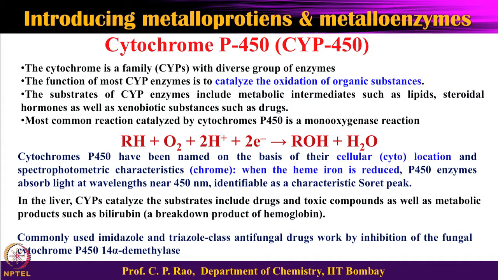Here you do not need to convert both into water. You need only one O to convert into water, which is why you require 2 H plus and 2 electrons. So it is basically inserting one O of the O2 into the RH bond, which becomes ROH.